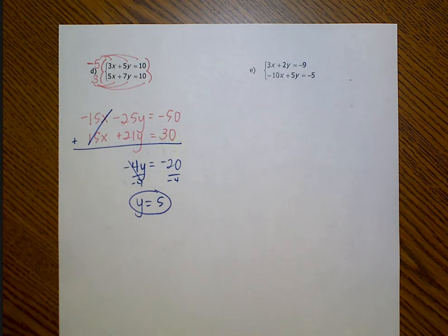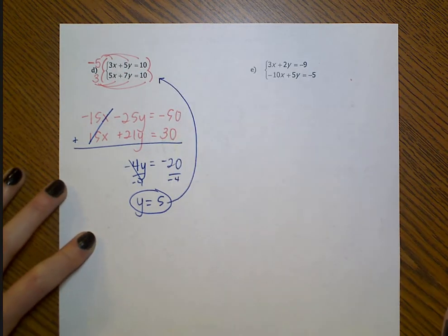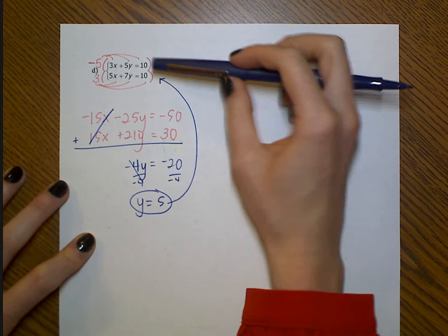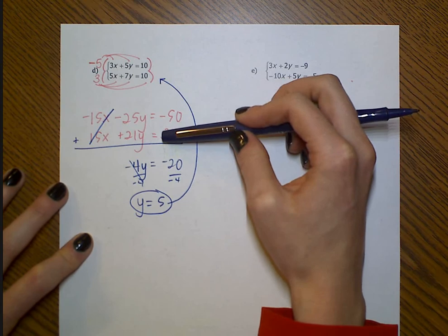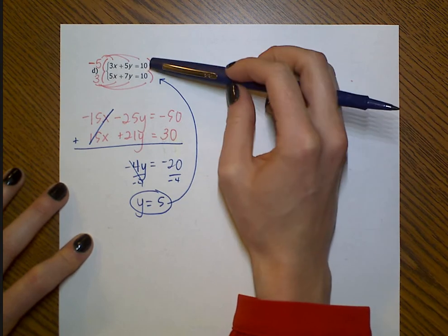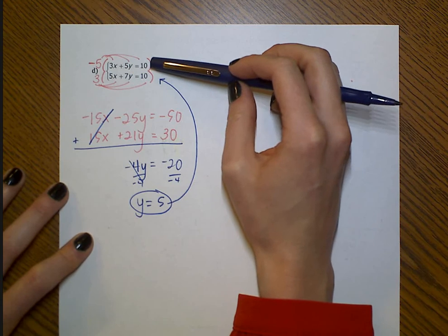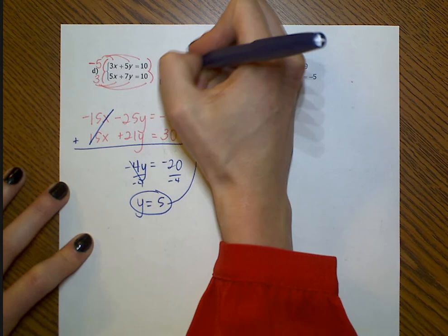And then you guys already know we've got to come back up top and plug in 5 somewhere. Realize you could plug it into the original 2 equations, or you could plug it into one of the new equations. My advice would be plug it into one of the originals because they're smaller numbers. So I'm just going to go with the very first equation, 3x plus 5.